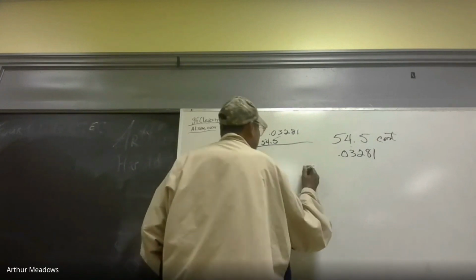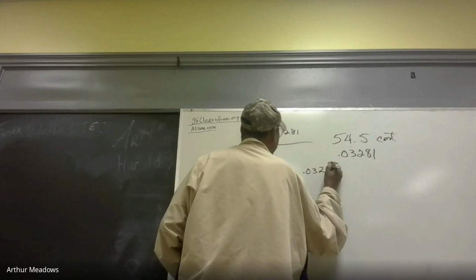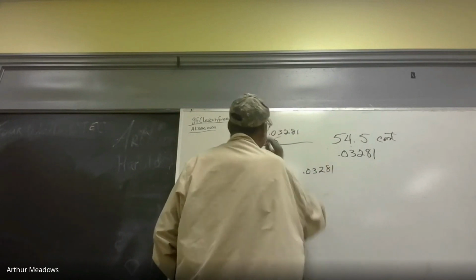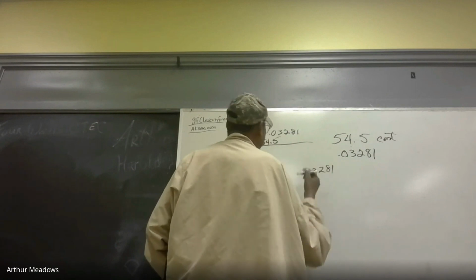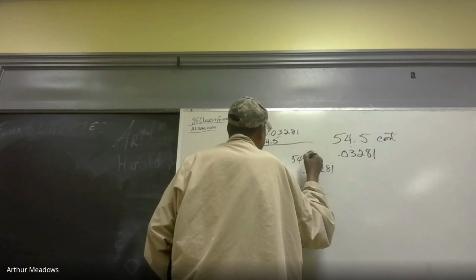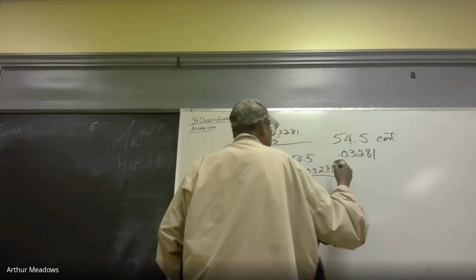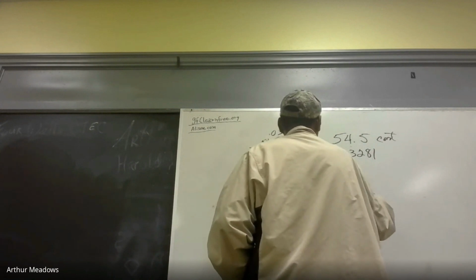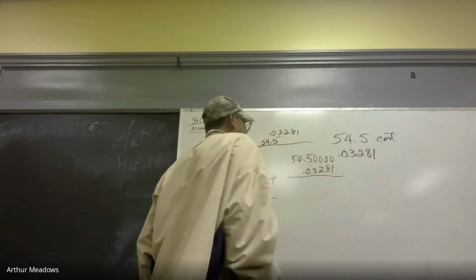With adding and subtracting, I have to keep my decimal point here. That one, well, I can't subtract that from that anyway. So I have to have this here. I could subtract it, but then it has to be lined up, right? And then I have this here, this here, this here, and the zero.